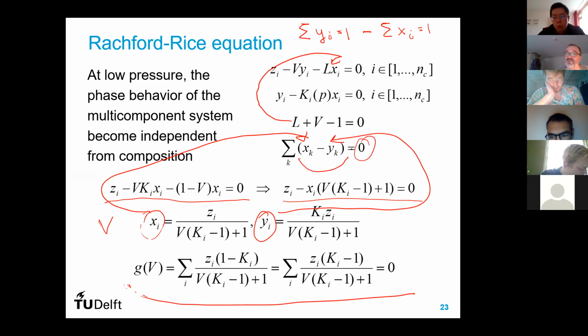And now you substitute X and Y into this equation. What you've got is this equation.